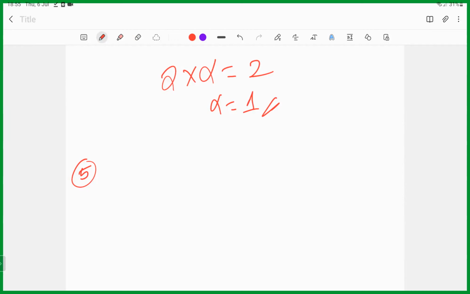A rectangular field is 16 meter long and 10 meter wide. Then a path of uniform width all around it has an area of 120 square meter. Then the width of the path is? So the rectangular field is 16 and 10, right?